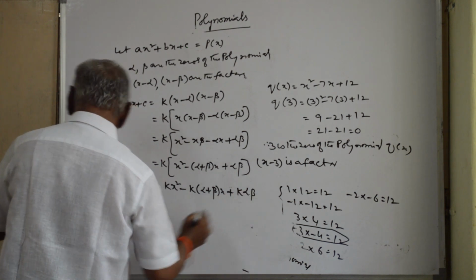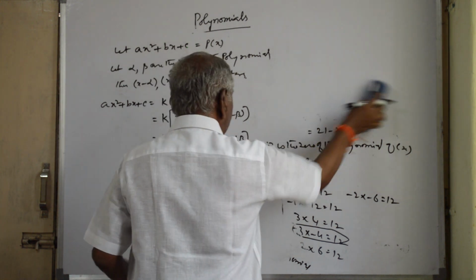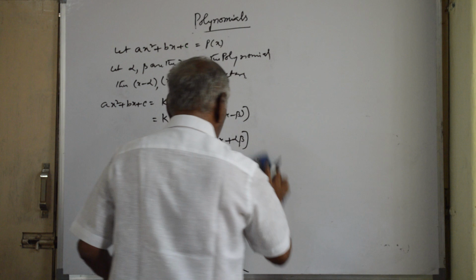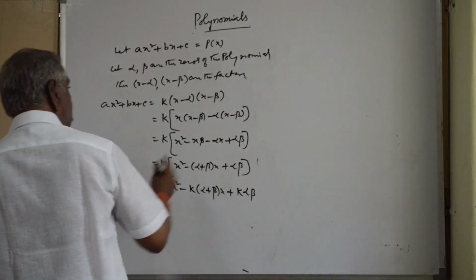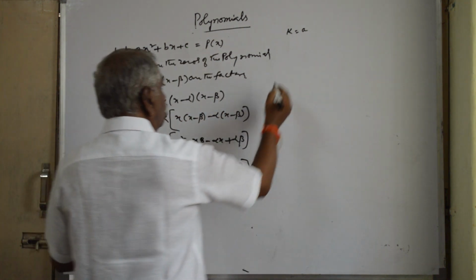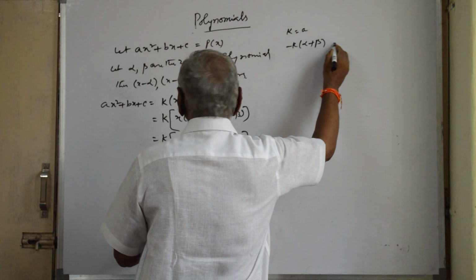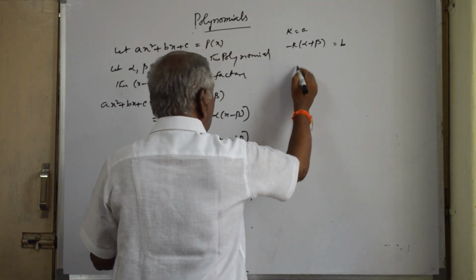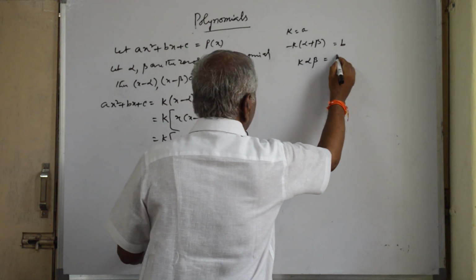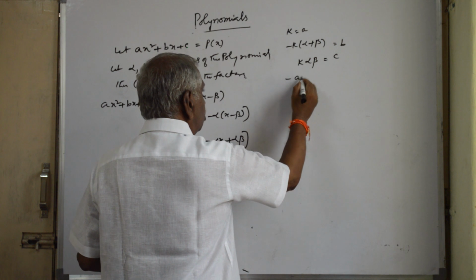Equating the coefficients here, k is equal to a, and minus k into alpha plus beta is equal to b, and k into alpha beta is equal to c.